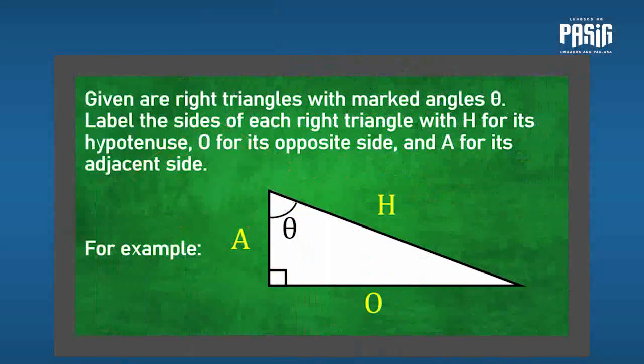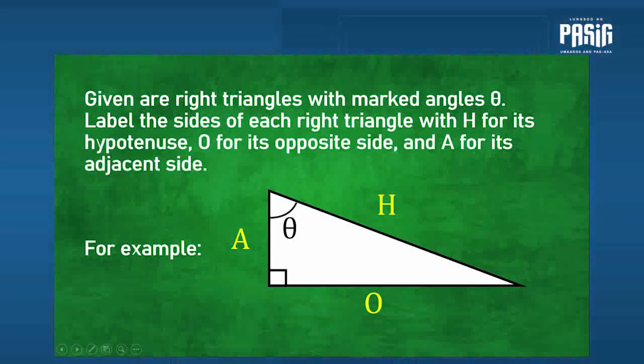Given are right triangles with marked angles theta. Label the sides of each right triangle with H for its hypotenuse, O for its opposite side, and A for its adjacent side. An example is given below.